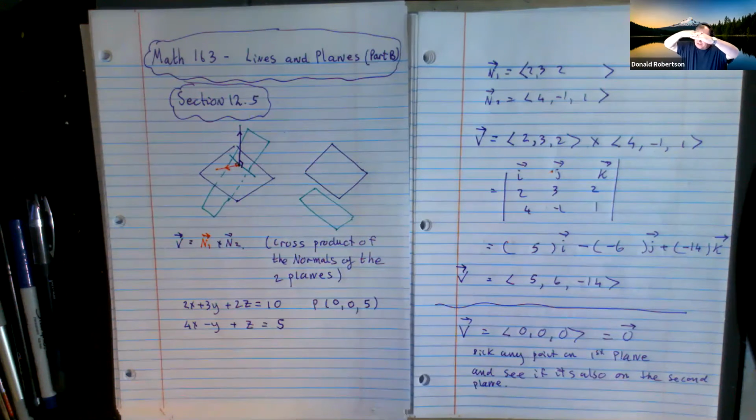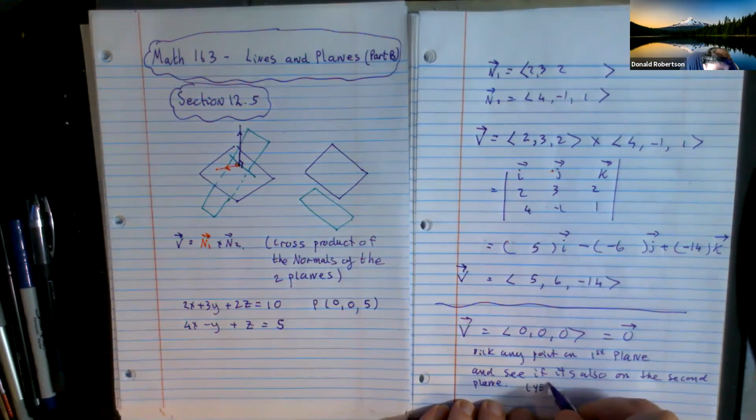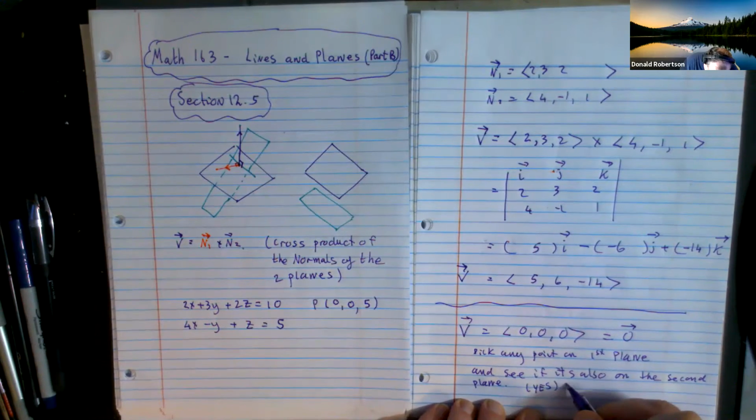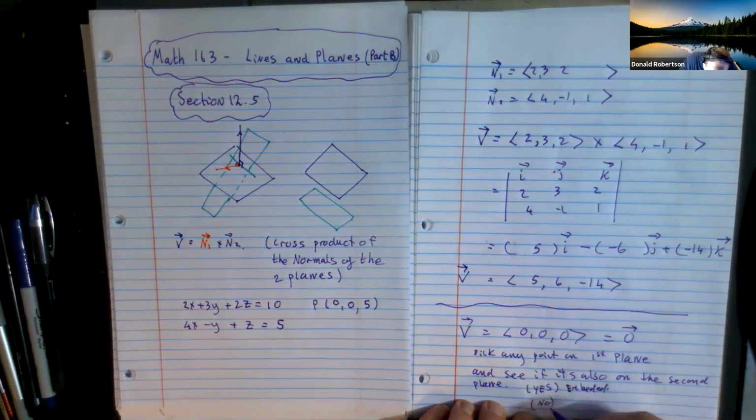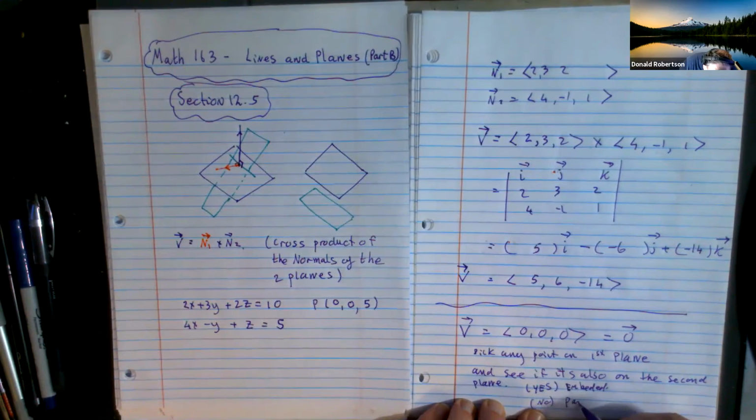If they were embedded, if they were the same plane, wouldn't a point on the first one have to be on the other? So that's what your test is. If you get yes, you're looking at embedded. And if you say nope, that one doesn't fit this one, then you're looking at parallel.